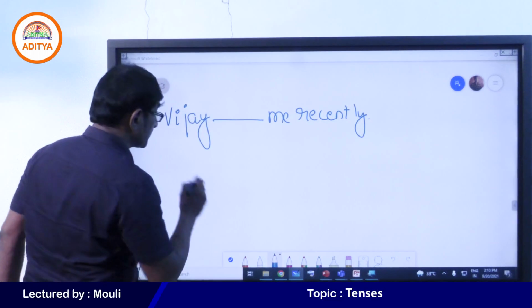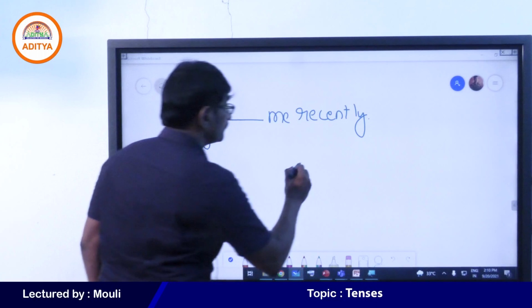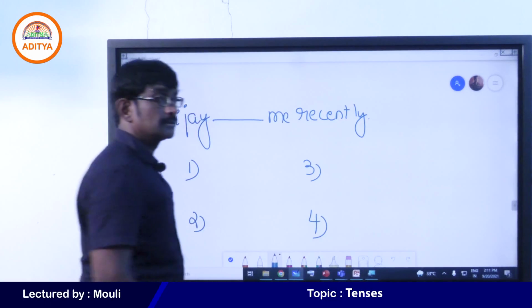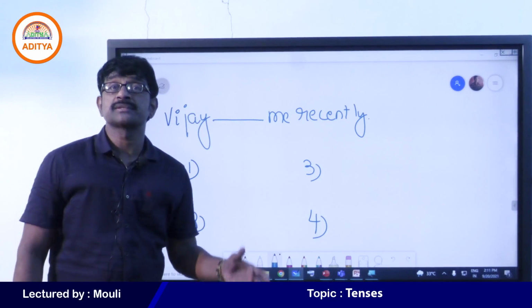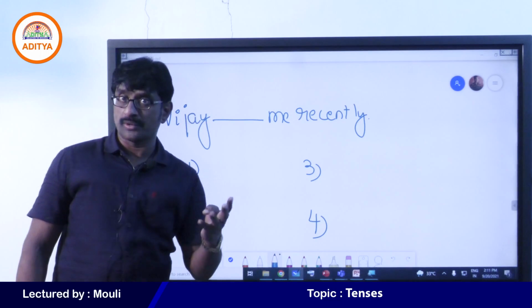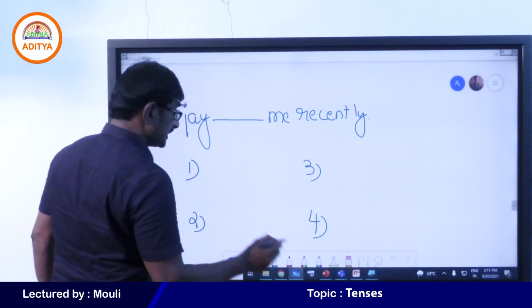So what are the choices for this? 1, 2, 3, 4 choices are there. What are those? Let us see now.